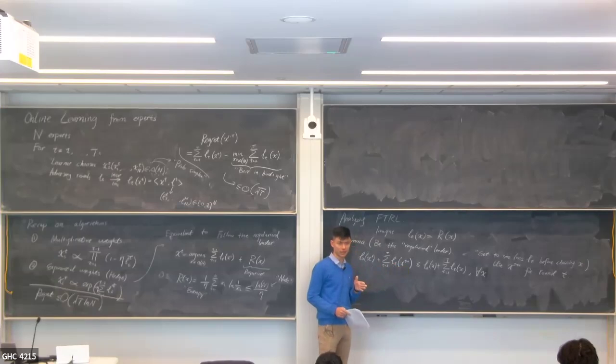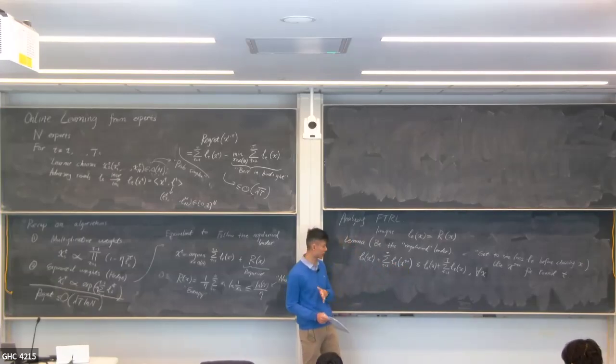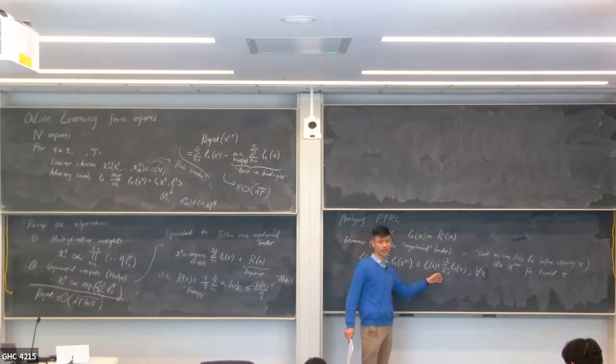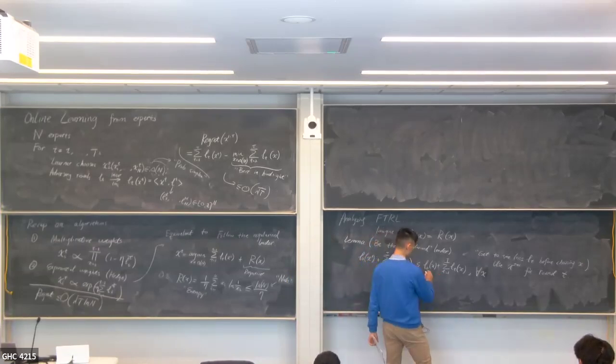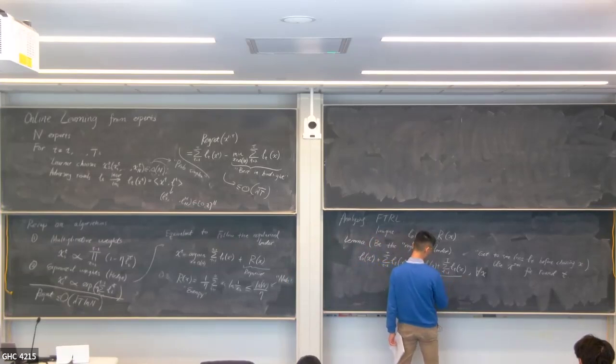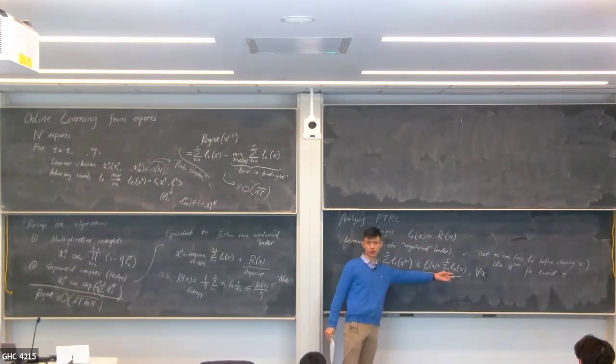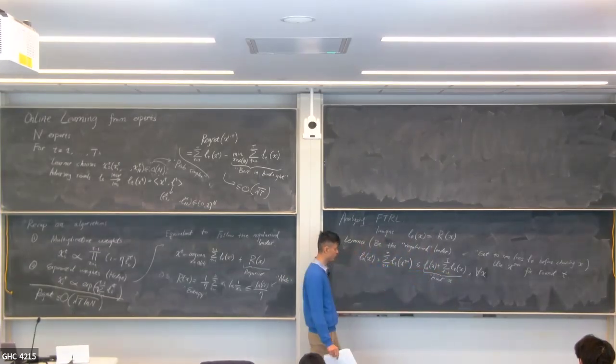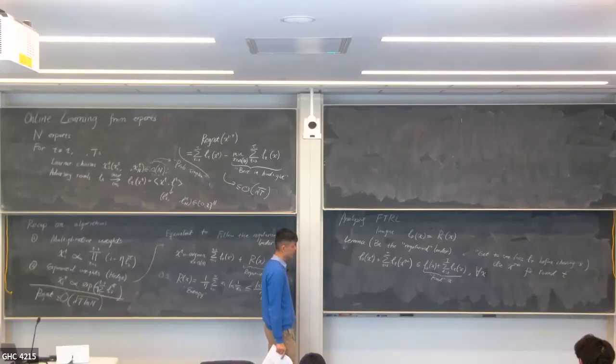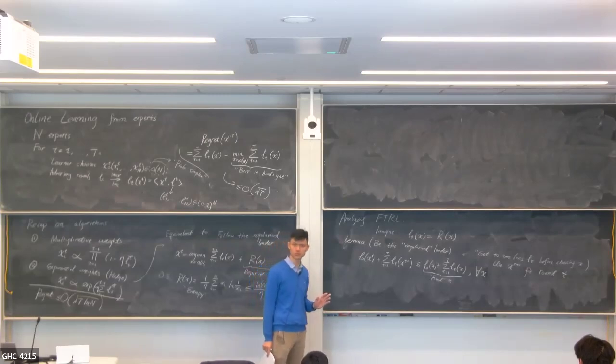So you get to see the loss and then choose x_{t+1}. This is better than any fixed x, the best in hindsight that you want to compare against, but now I'm including this regularization term. Any questions?